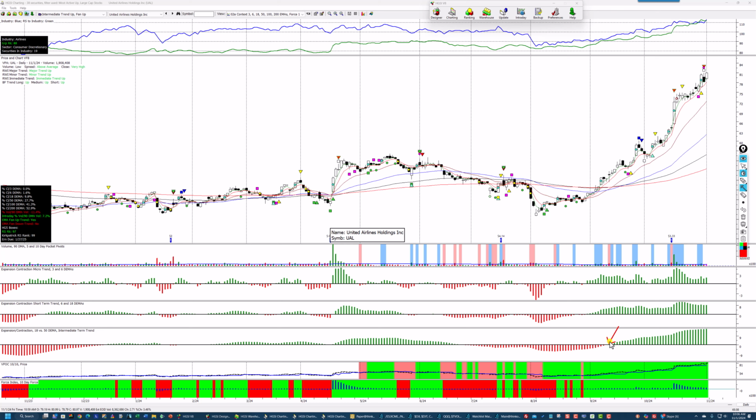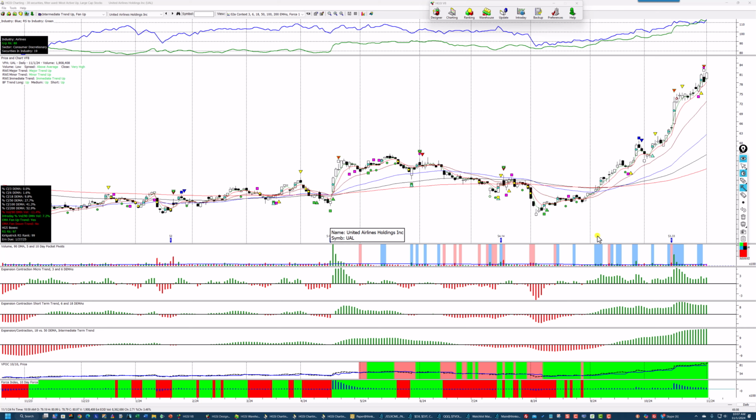If I go straight up from here, you can see the fan was not in place. But the fan up happened right here. This is a 200. This is a 100. This is a 50. And this is the 18. At that point, this became a really strong trending stock.